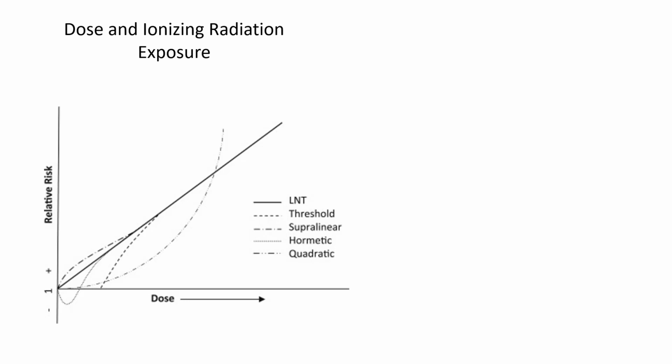The Hormetic model is basically the same as the threshold model, except in the threshold model, what we say is there is no possibility of any damage being done to tissue at 100 millisieverts or less.